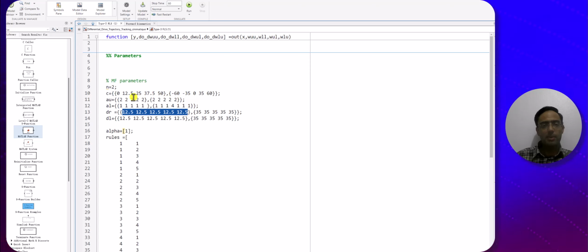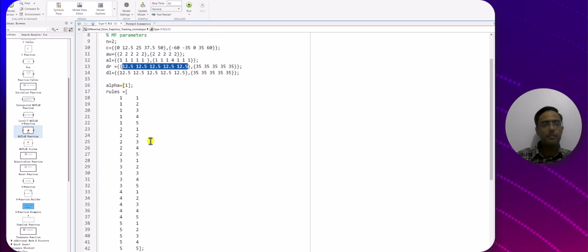For the first input, the distance to the right side is 12.5, and for the second input, the distance of a center to the right point side is 35, and similarly for the left side we have the same distances. So symmetric, so we have the same distance.